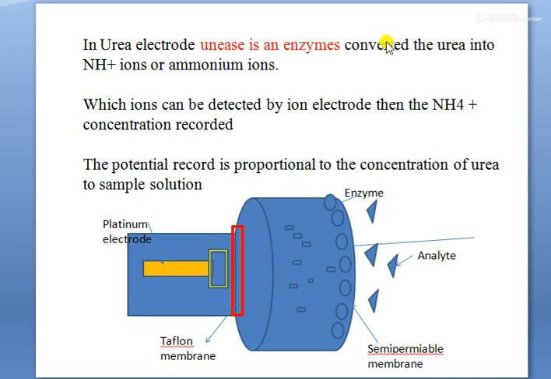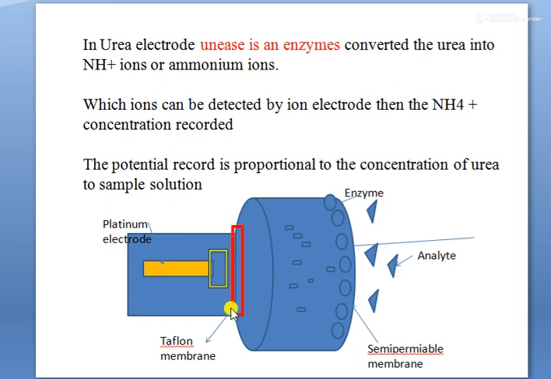So that's all. And let's see the schematic diagram of the inner portion of the urea electrode. Here the yellow color sign denotes the electrode. The electrode is the transducer and it is made of platinum. That means platinum electrodes are used in the urea electrode.